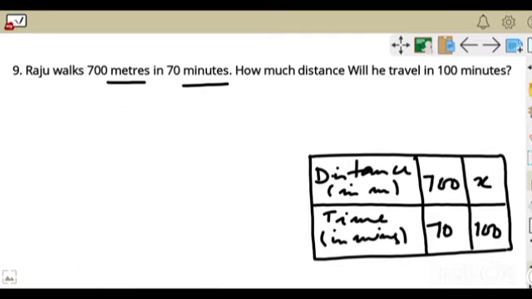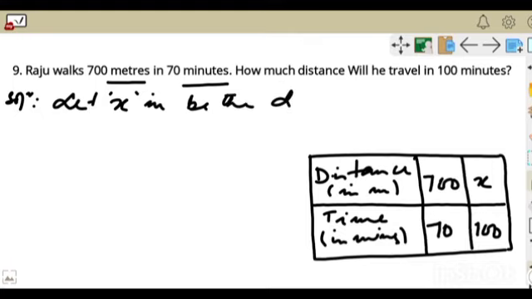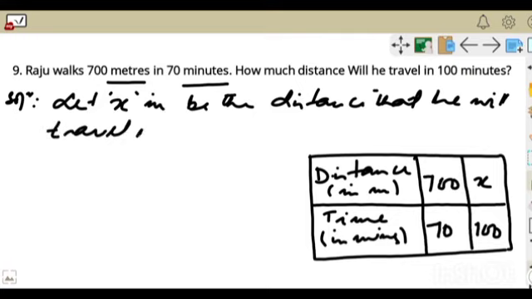I'll start a solution here. Let x, let me say meter, be the distance that he will travel in how many minutes?